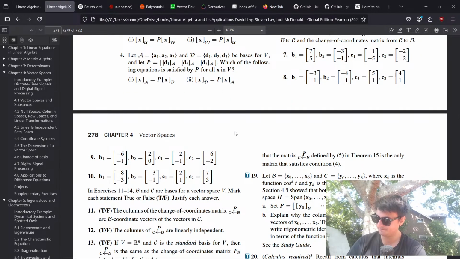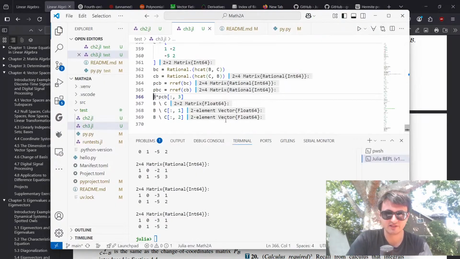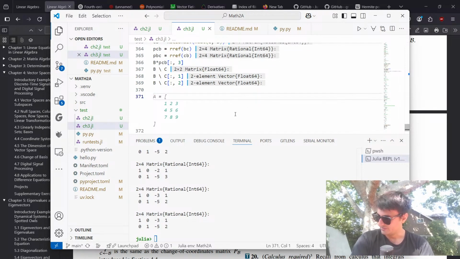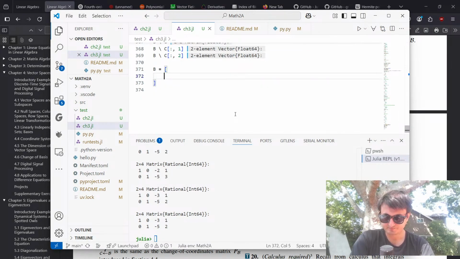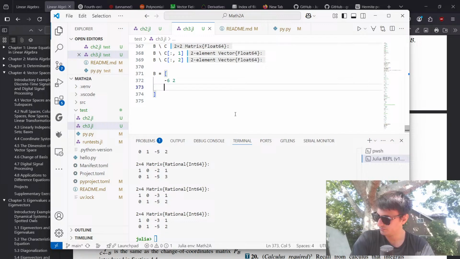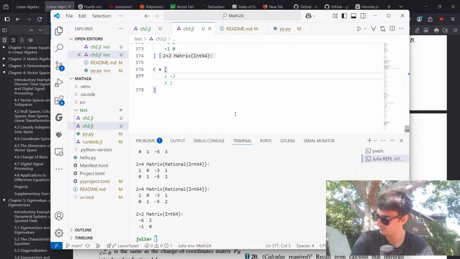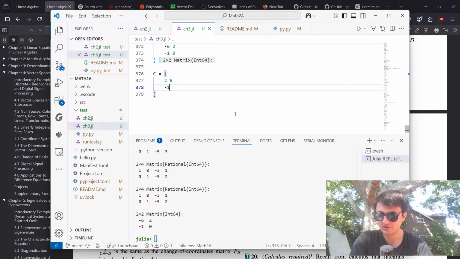Okay, for 9, we have B is -6, 2, -1, 0. And C is 2, 6, -1, -2. All right, let's just plug it in. So B is equal to -6, 2, -1, 0, and C is equal to 2, 6, -1, -2.